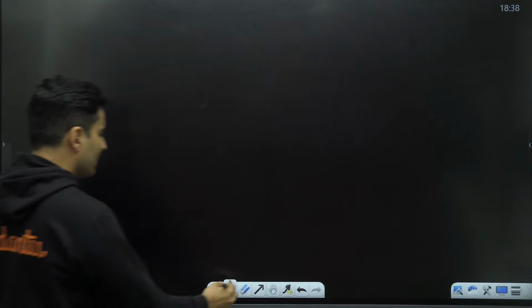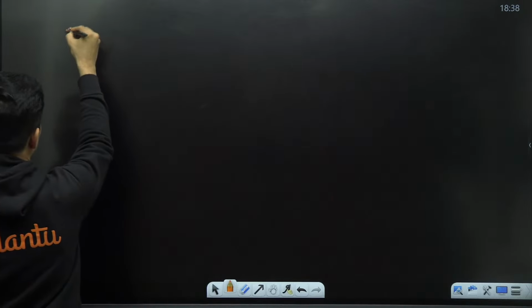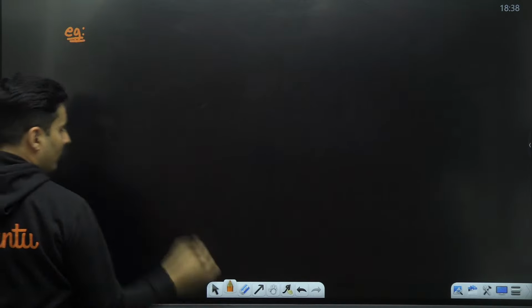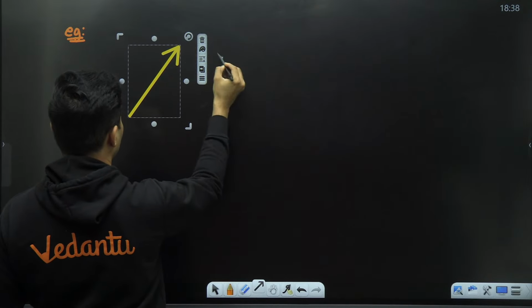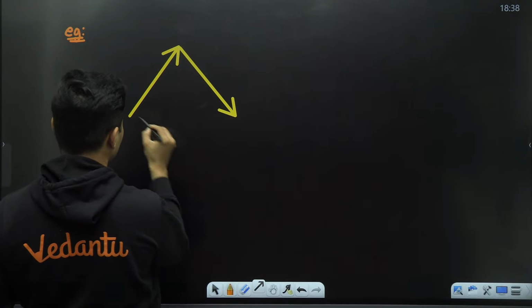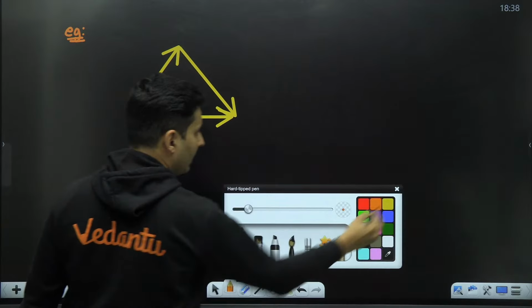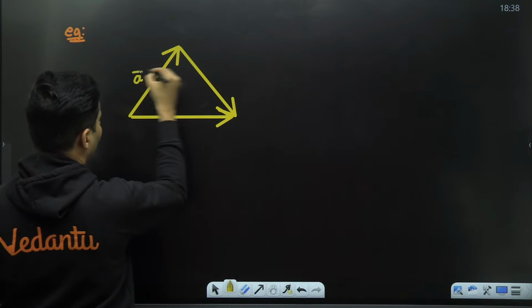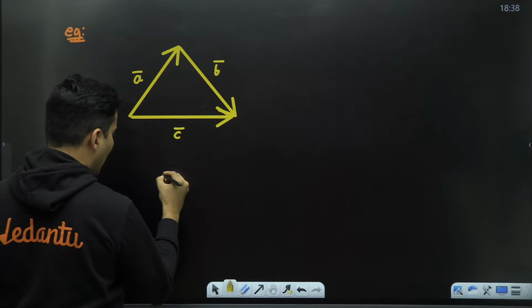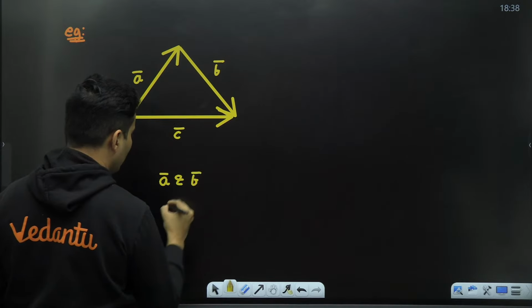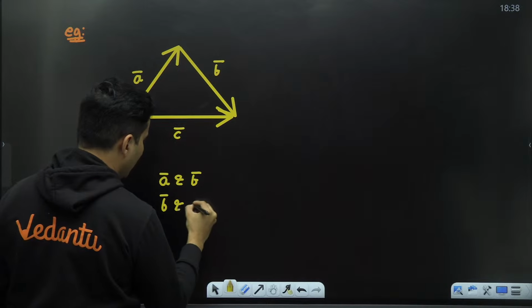Just to give you a simple example on this, let's see whether you are able to get it. All right. Imagine I show a vector construction something like this, and I say that, listen, this is vector A, this is vector B, and this is vector C. What is the angle between A bar and B bar? What is the angle between B bar and C bar?